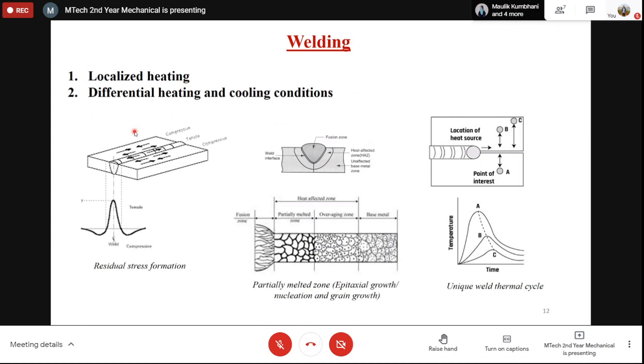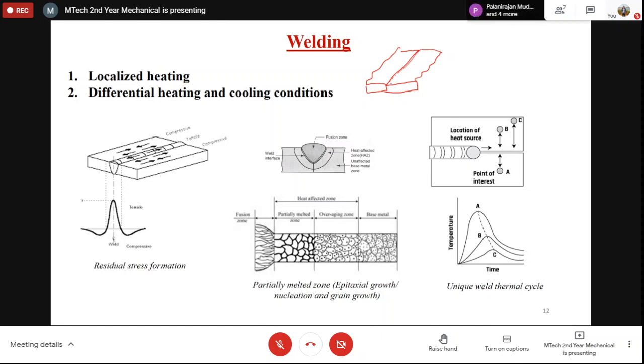So in joining processes, there are two types of things. One, we have localized heating. Say we have two parts, and in the parts we have some cross section. This is one part, and this is another part, and this is the area where we want to have a joint.